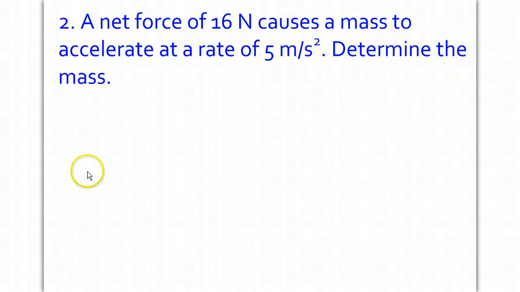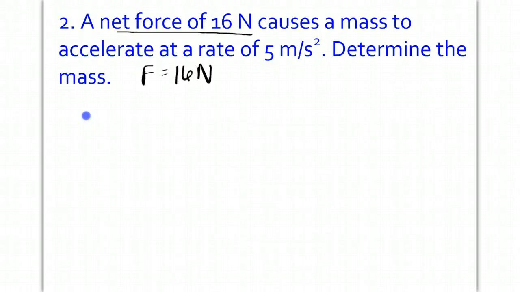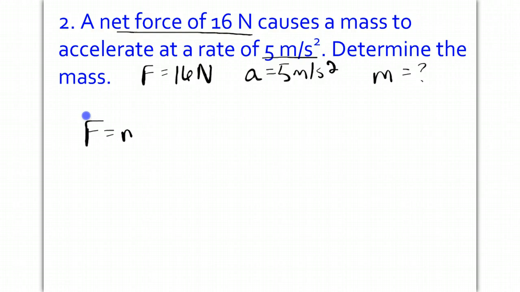Okay, a net force of 16 newtons, so my force equals 16 newtons, causes a mass to accelerate at a rate of 5 meters per second squared. Determine the mass of the substance. So in this case, recall force is equal to mass times acceleration. However, mass is what I'm solving for.